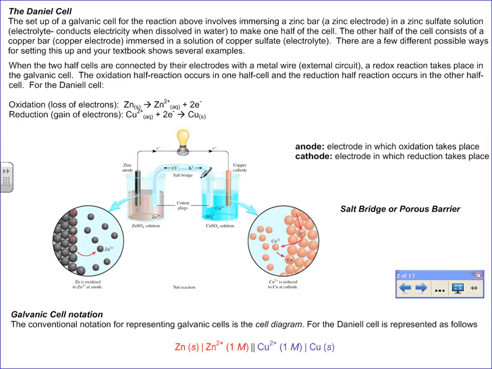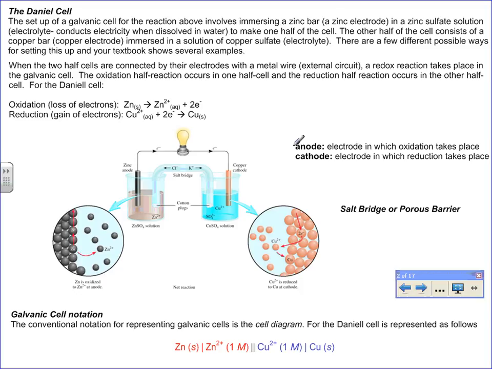By separating the oxidation reaction from the reduction reaction and allowing the electrons to travel from one to the other, we are able to harness the electrical energy. So if we've got a light bulb here, we can turn that light bulb on if there's enough voltage produced by this reaction.